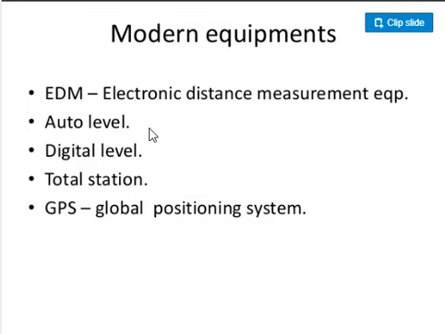EDM stands for electronic distance measurement, and then we have auto levels, digital levels, the total station, and also global positioning systems. In the next few slides we are going through it.